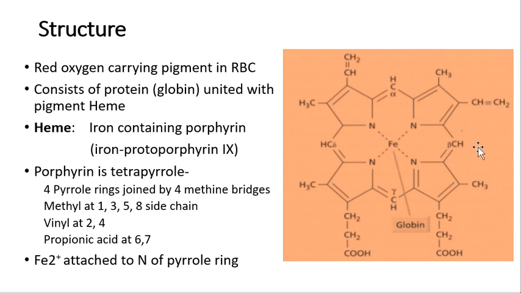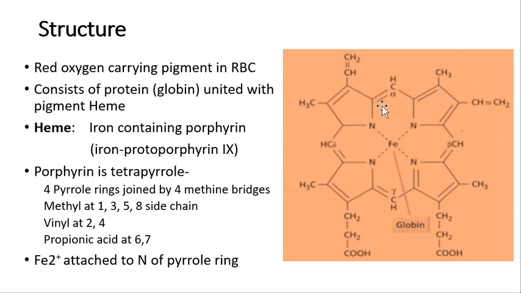Then we have to see the side chains to remember the structure. If this is the base of a pyrrole ring, we can number the positions 1, 2, 3, 4, 5, 6, 7, 8. At 1, 3, 5 and 8 we attach methyl.